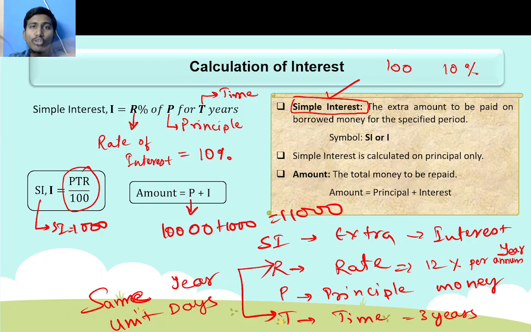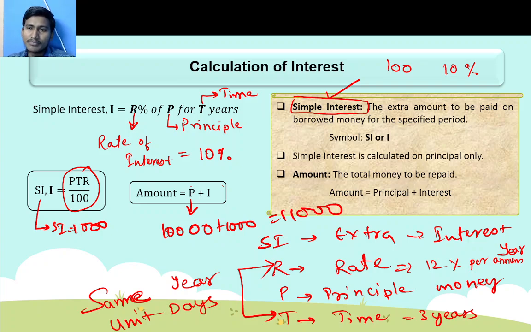That is the amount, total amount: simple interest plus principal. Principal is the money you have taken, and the interest is what it has become. If you add that, you get the total money. The money 10,000 rupees and interest 1,000 rupees. Total 11,000 rupees. Like that.